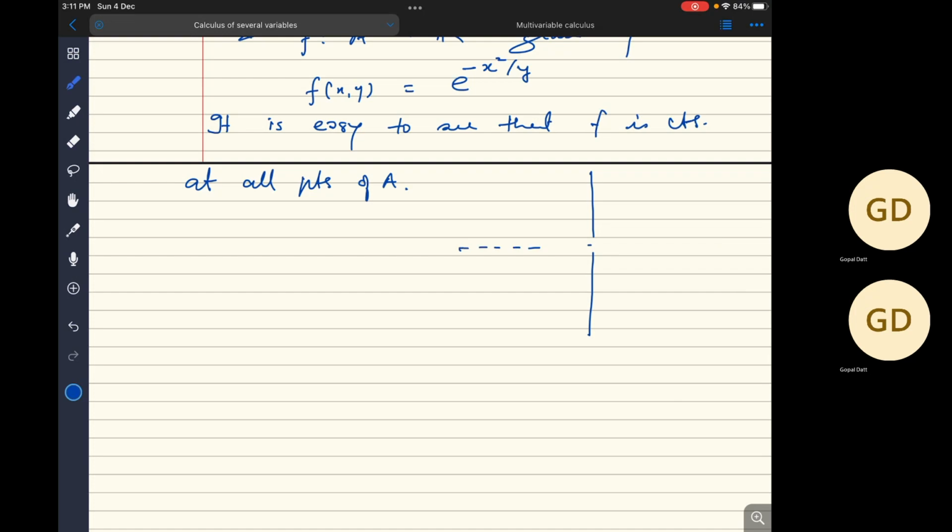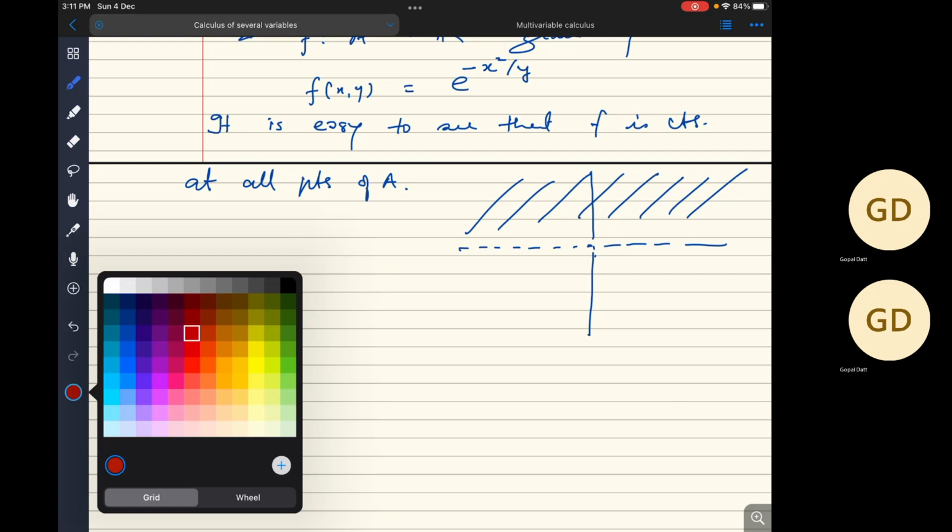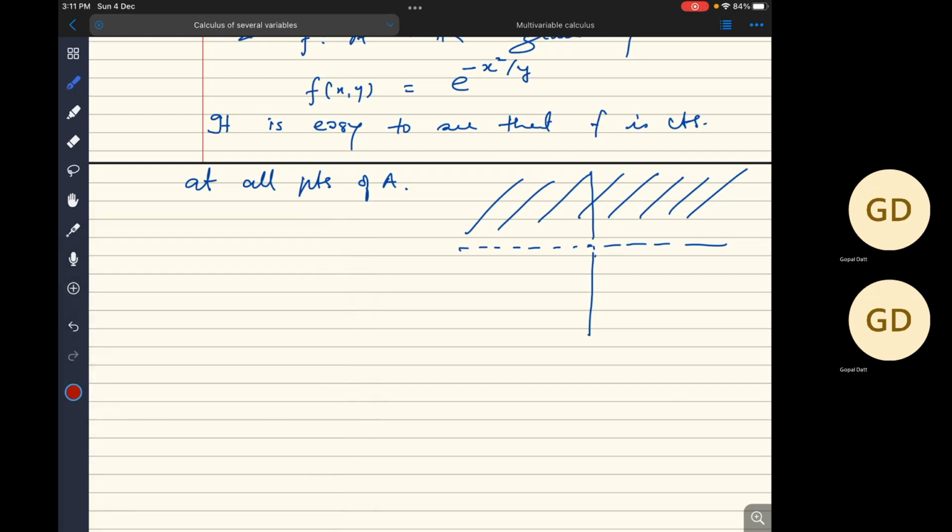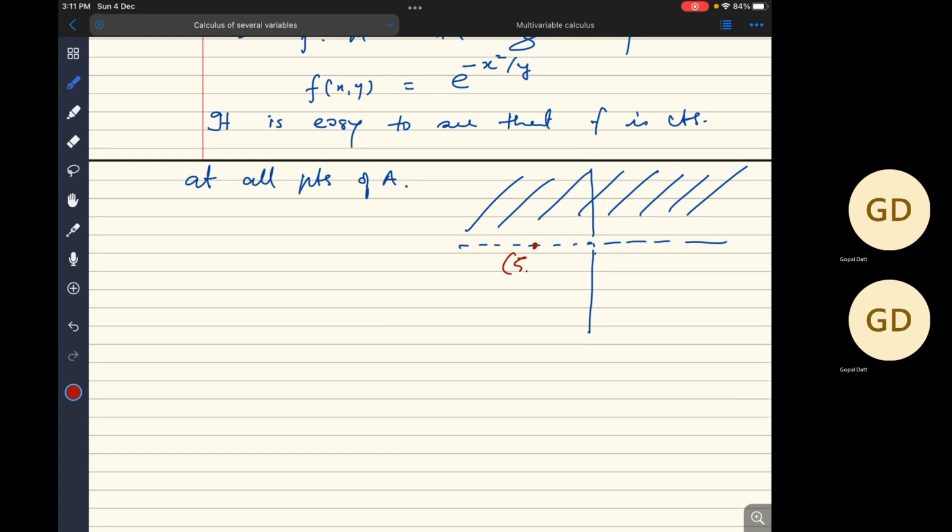Suppose this is our x-axis, this whole part is the upper half plane, the domain, this is A, the domain of f. Now consider a boundary point. Boundary point will be somewhere here, in the x-axis. Consider a boundary point (zeta, 0).